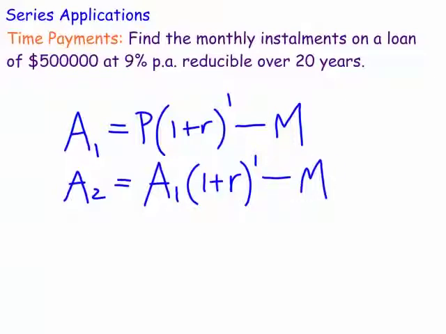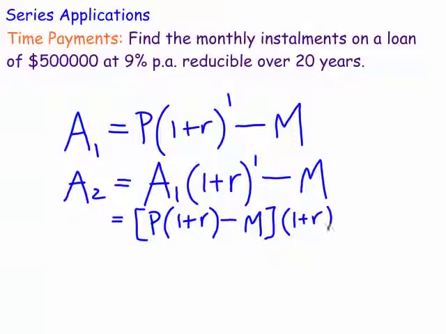So let's actually work out what that would be if I substitute A1 as the top expression. So this is really P(1 plus R) minus M, and I just won't write the ones in at the moment, so it's times (1 plus R) minus another M.